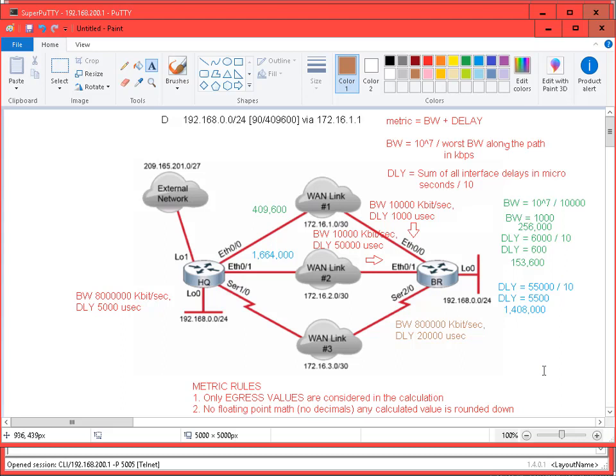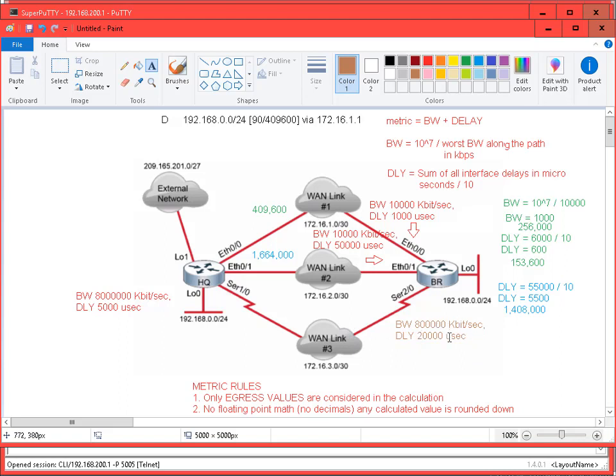We can assume the loopback is going to be the same, but there is something we're going to have to do to calculate this, because we've got the offset being inserted into the metric as well. We know that the bandwidths are the same. Actually, this bandwidth is a little bit worse.